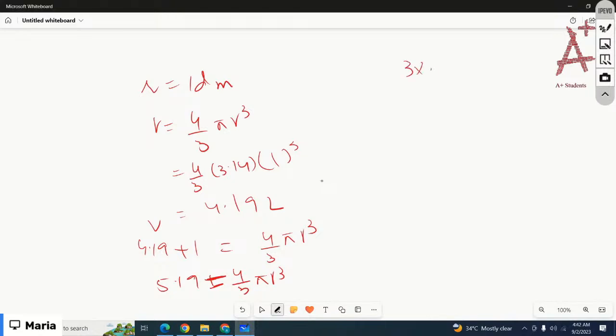That is 3 times 5.19 divided by 4 pi equals r cube. So just evaluate. R equals 1.11 decimeter, right? So that is the radius of the balloon.